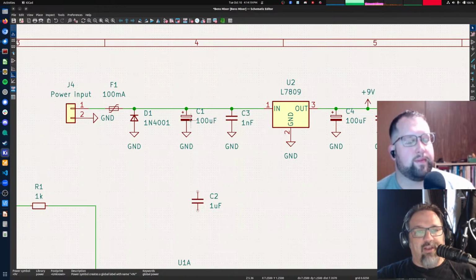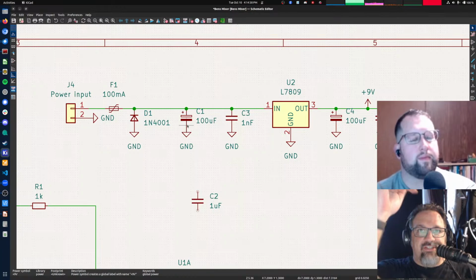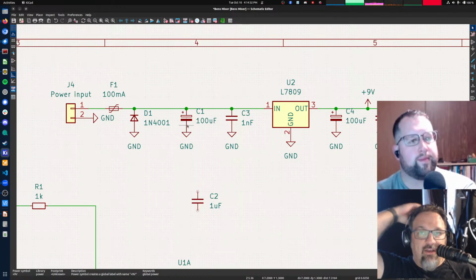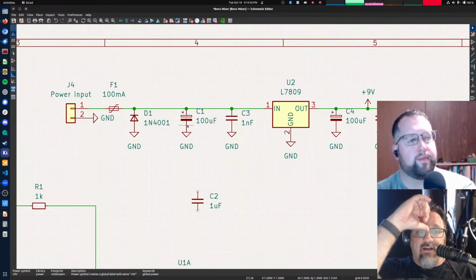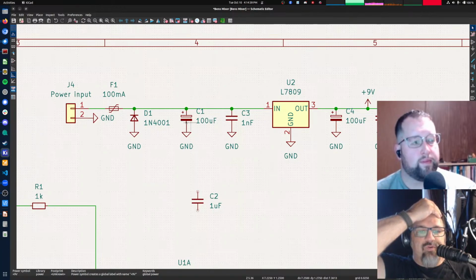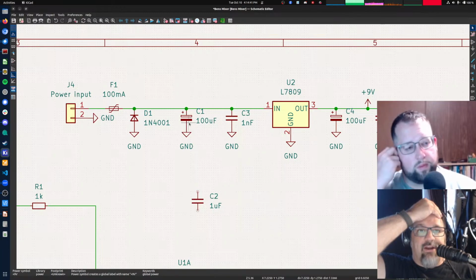Basically, a bulk capacitor is going to store up a whole lot of energy in here so that if there's any big changes in current draw or big changes in voltage coming in, those changes will get smoothed out by this 100 microfarad capacitor.